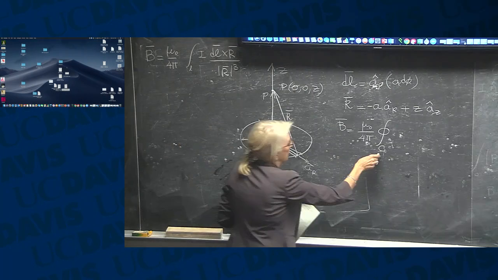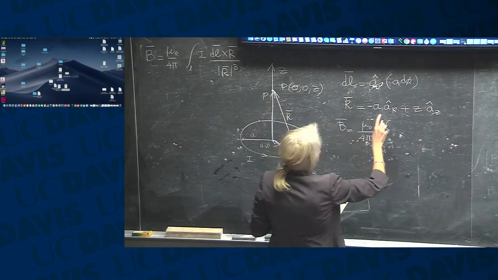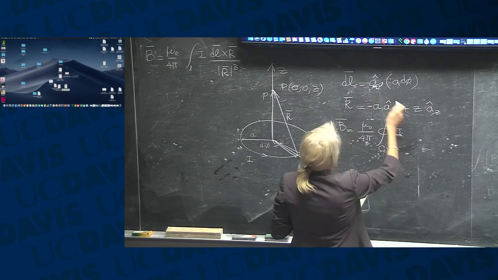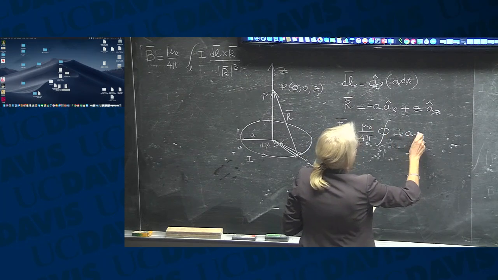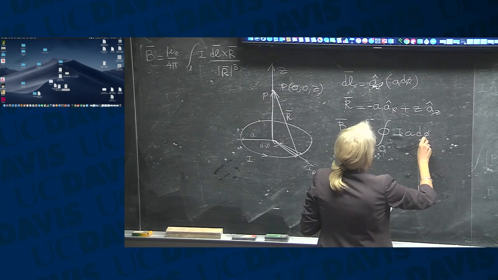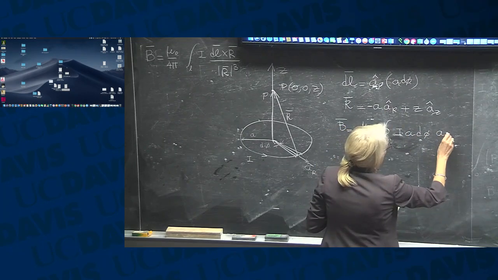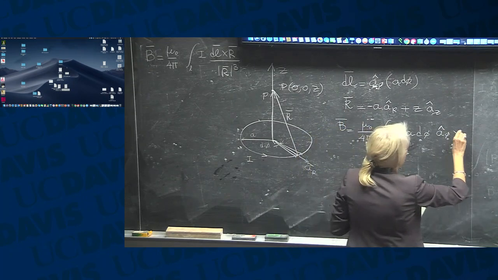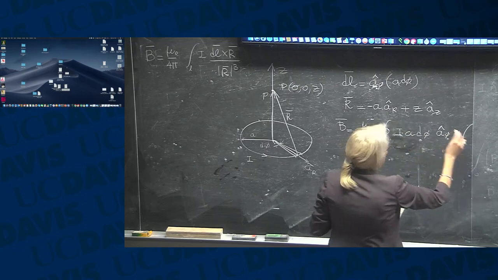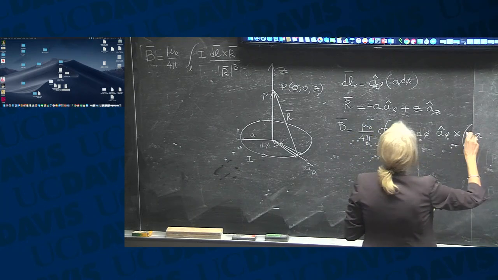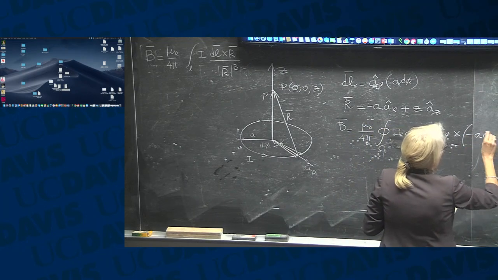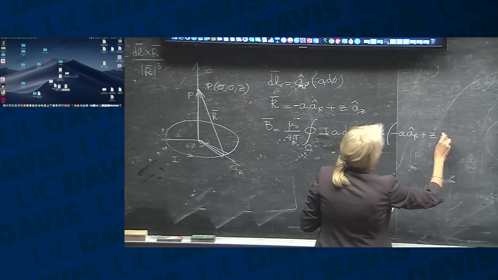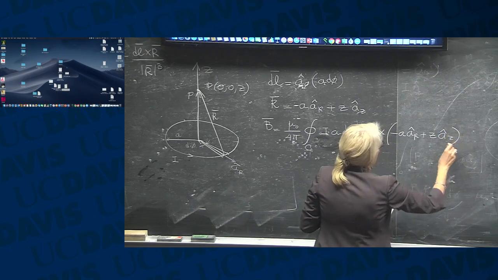So it's this C. And then we have I. For dl, we have a d phi, and then a sub phi. And now we go to R, cross product, minus a a sub r, unit vector along the radial direction, plus z, unit vector along the z direction.